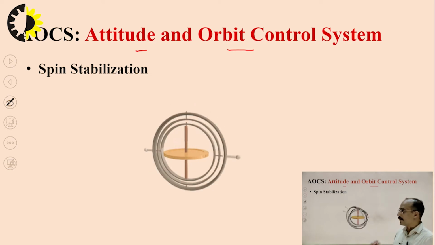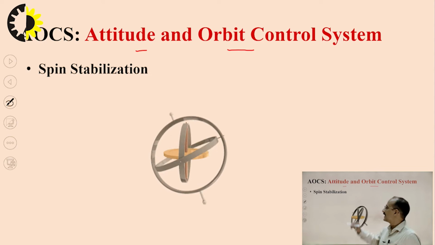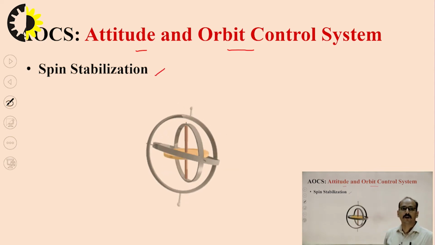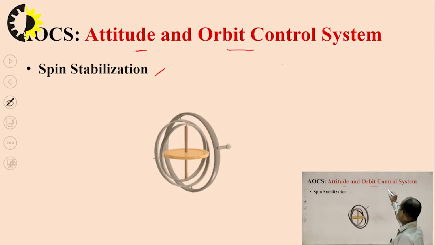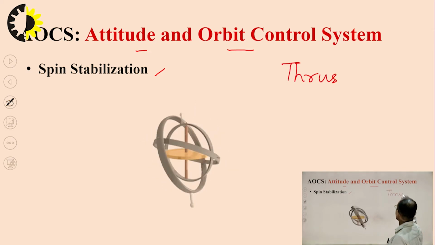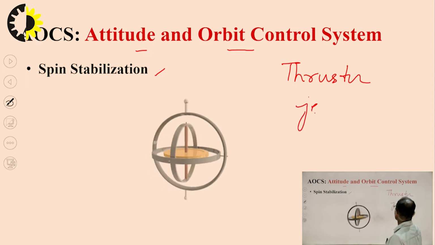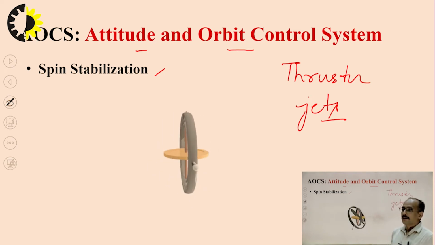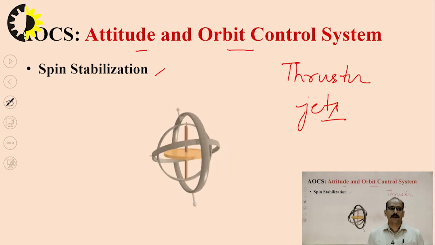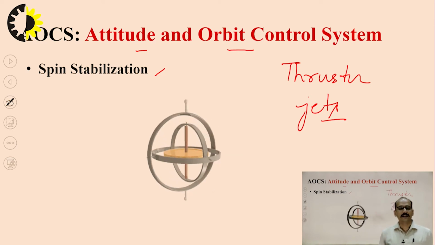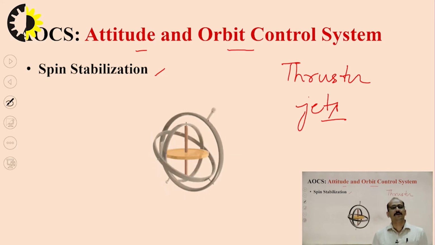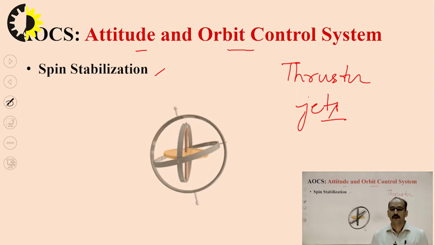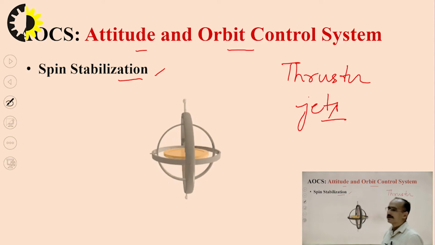That same condition is used for spin stabilization. Means in this type of attitude and orbit control system, specific thrusters and jets are used to provide a specific spin to the satellite, so that the satellite can be stable in its attitude and orbital position. But in spin stabilization, there is a problem.